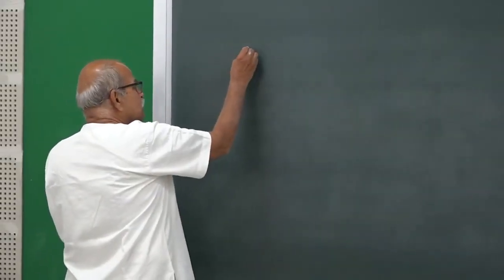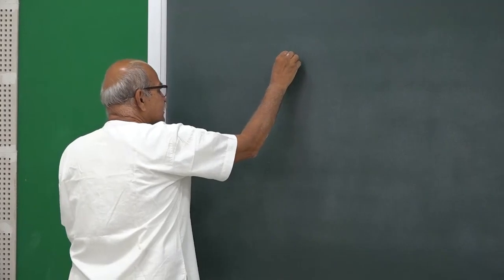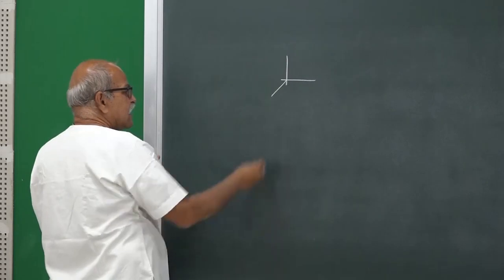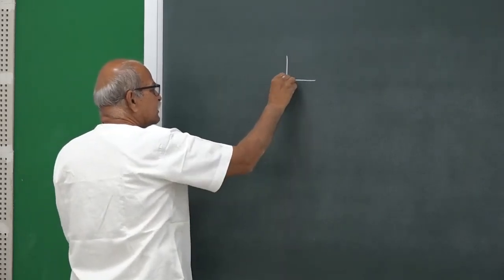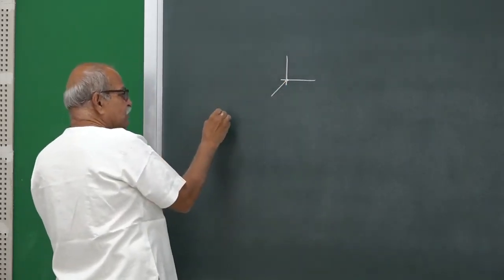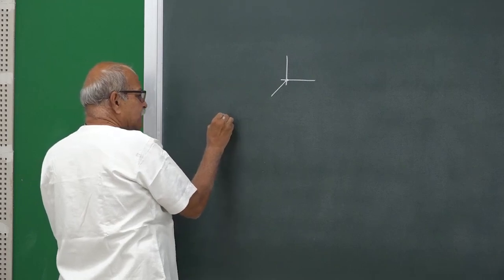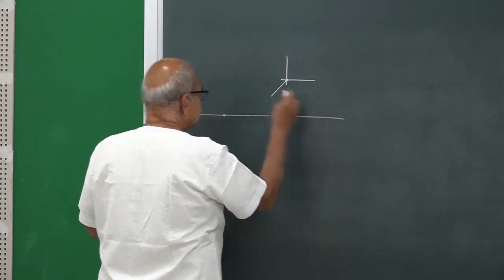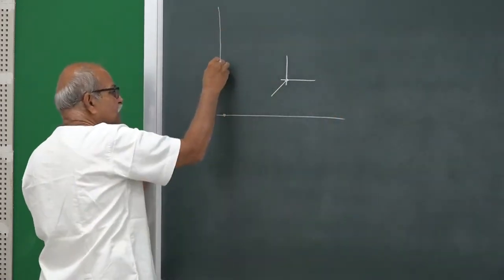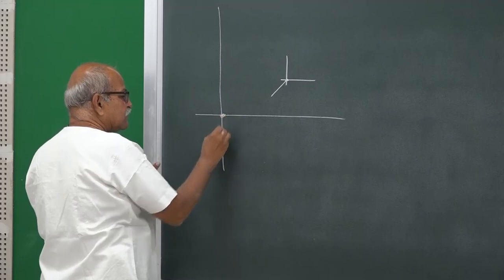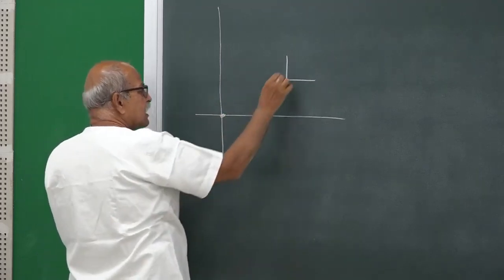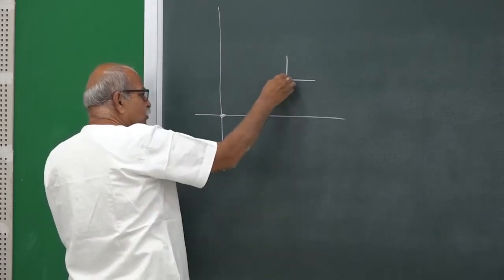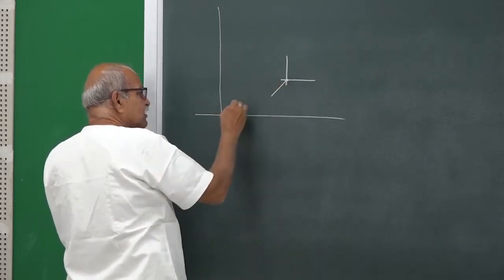Now, suppose I have a coordinate system with these x, y, z axes and this origin, and then there is another frame of reference with its own origin here. Suppose this is an inertial frame of reference, and this other frame's origin goes around this point.